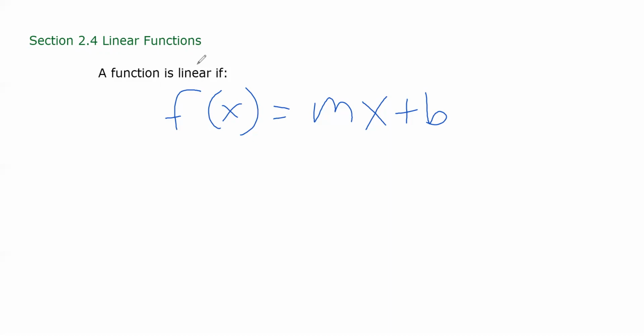First of all, we see the word line embedded in the word linear. You can see that. That is not just a mere coincidence. That's actually entirely telling, because whenever we graph linear functions, we are just going to be graphing lines at the end of the day. Lines, lines, lines.